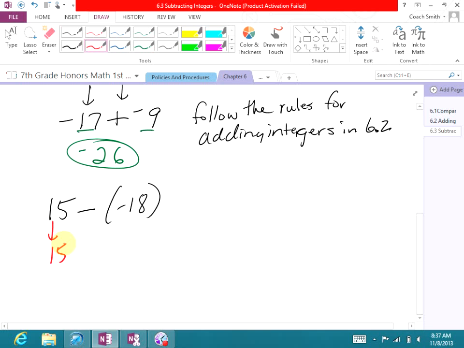If it's negative, then it stays negative. The subtraction sign always changes to addition, and we do the opposite of the number behind the subtraction sign. So the opposite of negative 18 is positive 18. What is 15 plus 18? 33.